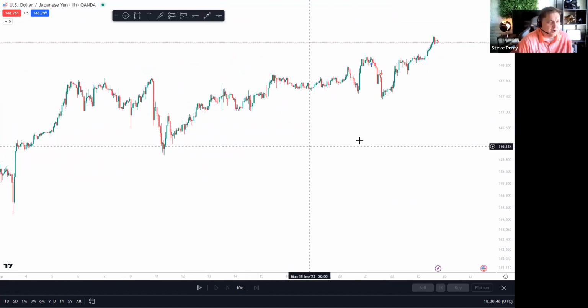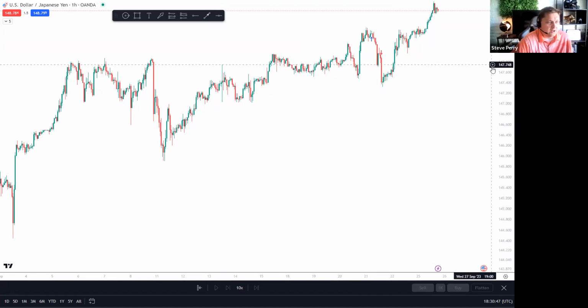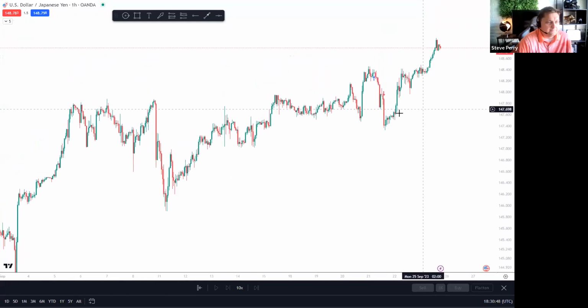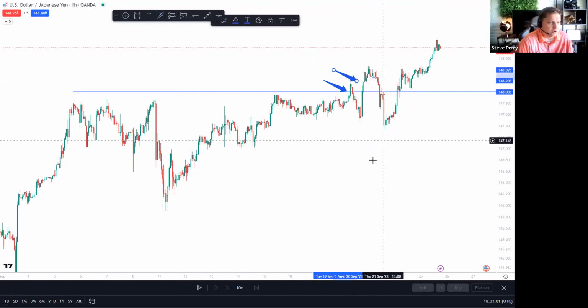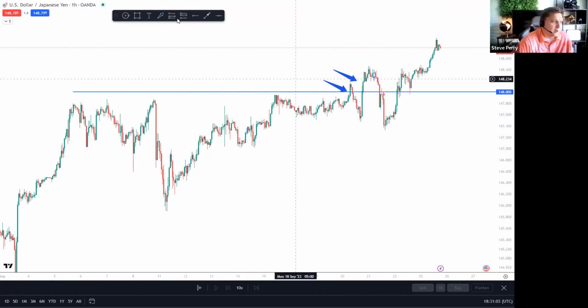Let's see. And then right now, here's the dollar yen. It's been going up, as you guys know. We had a little bit of a break of structure right here, and I guess you could say, I think more it's this right here that broke structure. And the market tapped right into this zone.